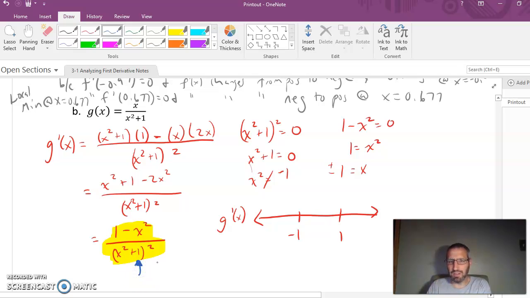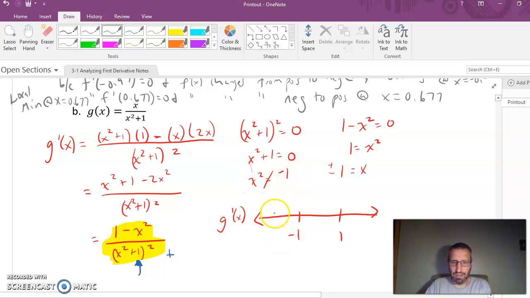Isn't that denominator always going to be positive, right? If I take whatever x is and square it, it's positive. And then add 1, it'll be positive. And then if I turn around and square that, it'll be positive. So as I'm going through this, I know that this denominator of g prime is always going to be a positive number. So hopefully that'll help me out here as I'm trying to figure out my signs.